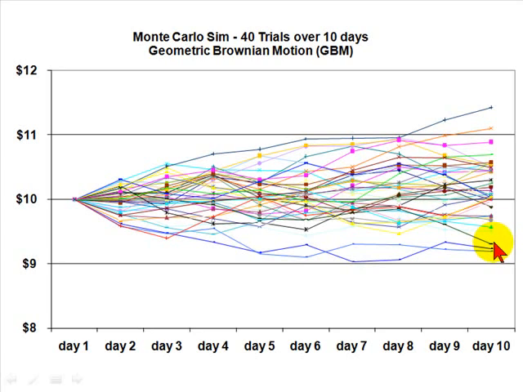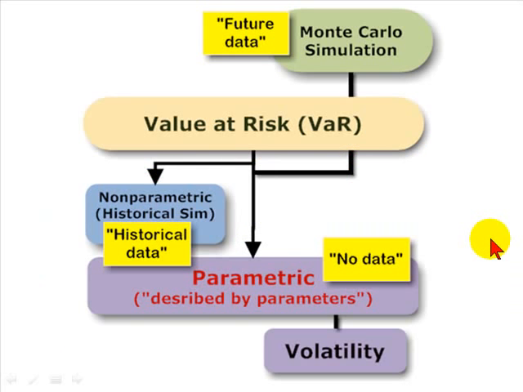Again, it tells us little about losses in excess of that VAR. So in this case, again, VAR is really merely just a quantile, meaning it's some percentile along the distribution of outcomes.